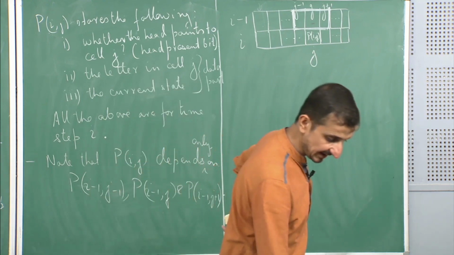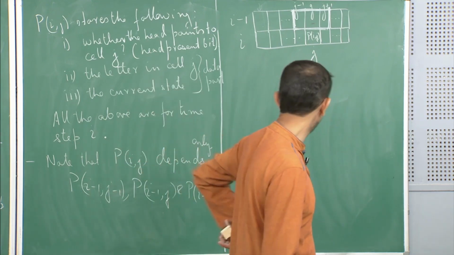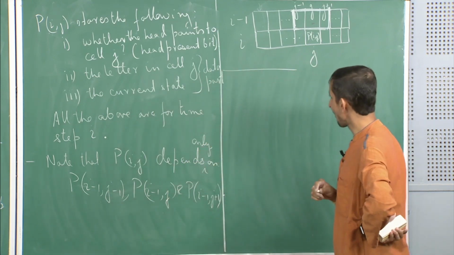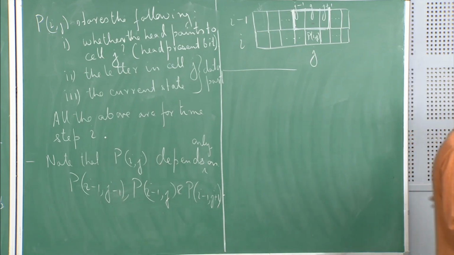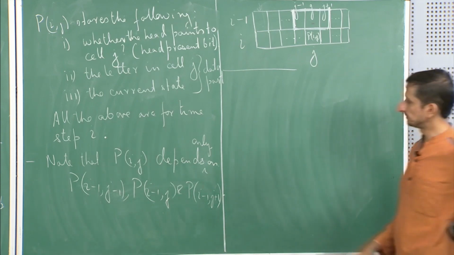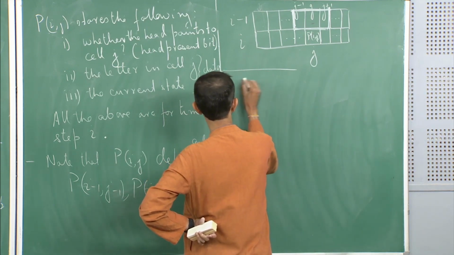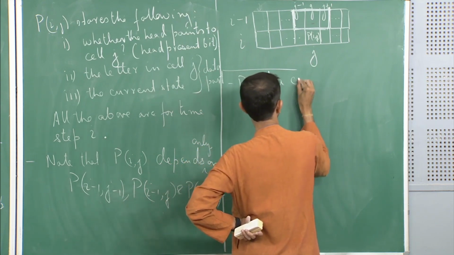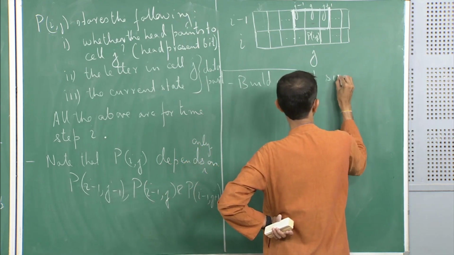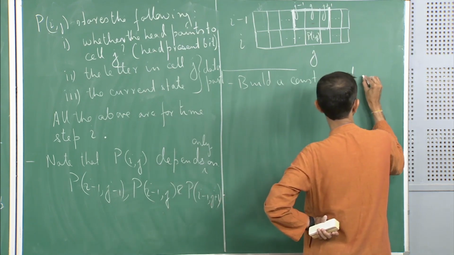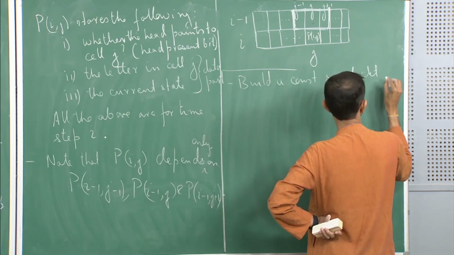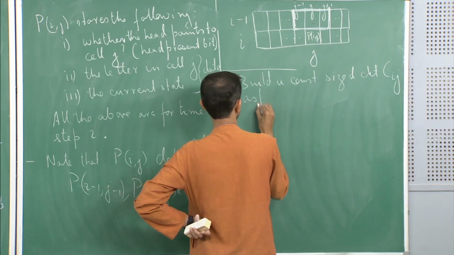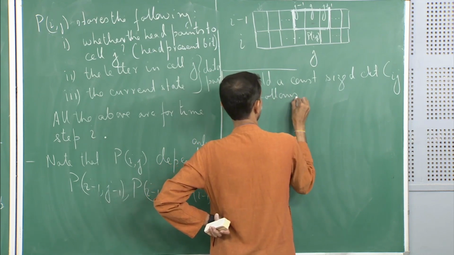And exactly what the dependence is, we can characterize that as well. So we build a constant sized circuit, let us call it Cij, as follows.